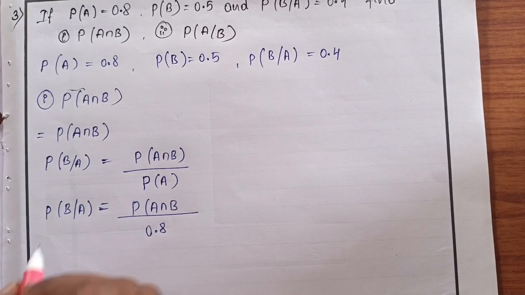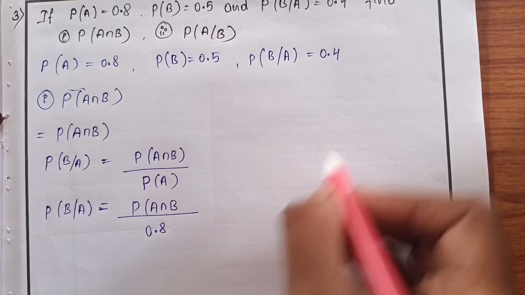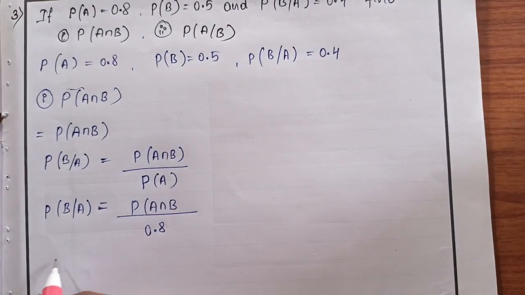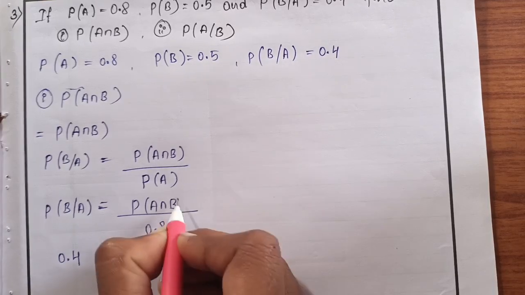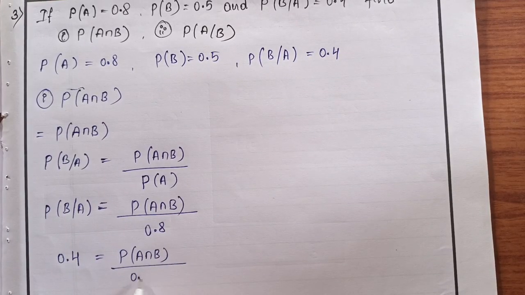Second, probability of B by A is 0.4. So 0.4 equals probability of A intersection B divided by 0.8.